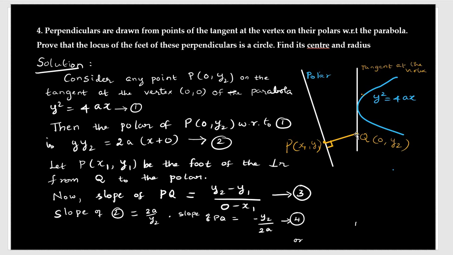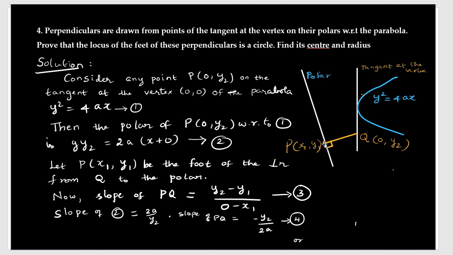Now from here, we draw a perpendicular to the polar. So if I take P of x1, y1 as the foot of the perpendicular, we want to find the locus of this P of x1, y1.